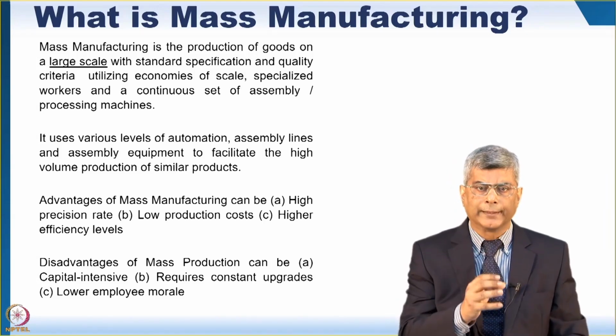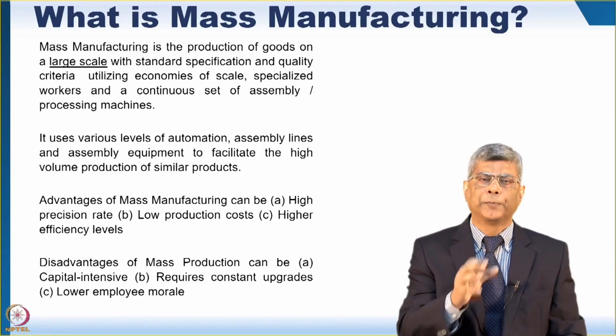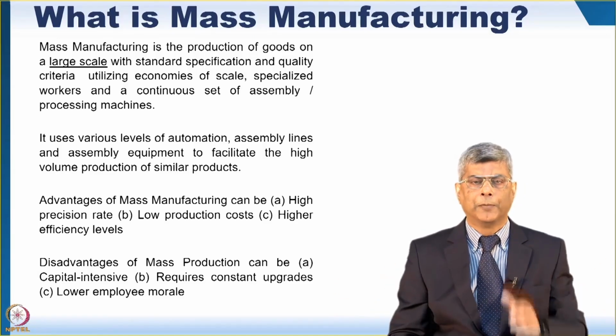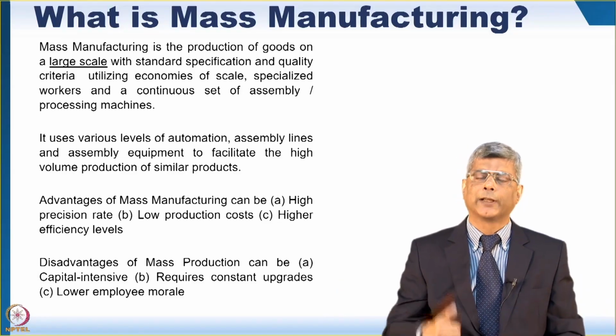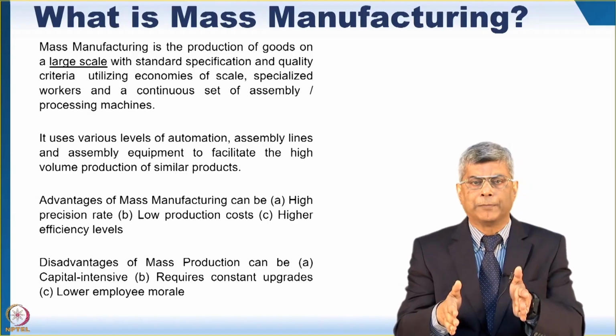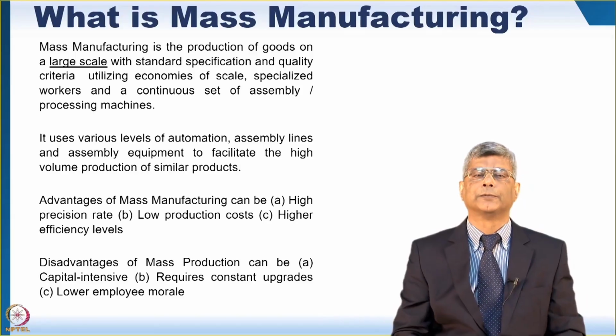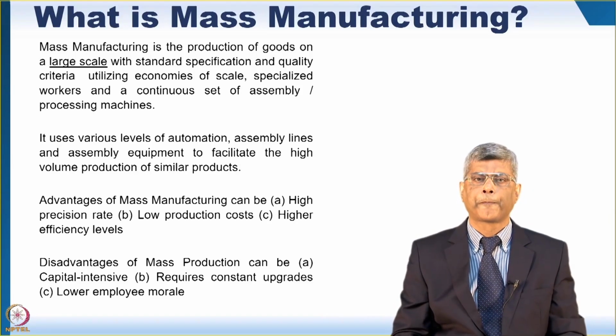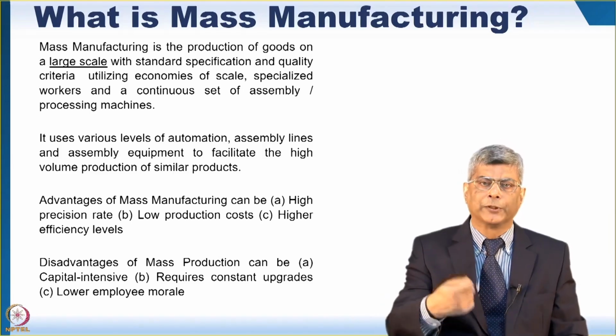And the worker is trained and is super specialized on that one step. He may know nothing about the other steps, but he's a specialist in that one step. So you get high precision rates, and because the same person is repeating only the one step, he can do it very fast. So the production cost goes down, and the production level goes up, so it's more efficient.